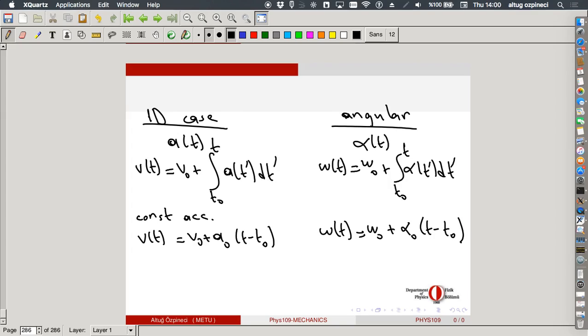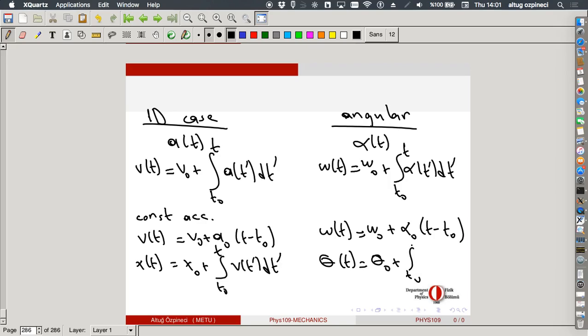And once we know the velocity as a function of time, you can calculate the position as a function of time. x of t is equal to x0 plus the changes in the position, v of t prime dt prime, from the time t0 up to time t. Well, in the case of the angular variables, we have the angle or the orientation, theta 0 plus the integral from t0 up to t of omega of t prime dt prime.